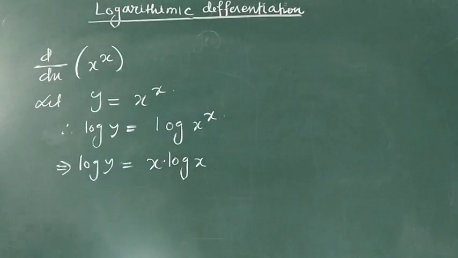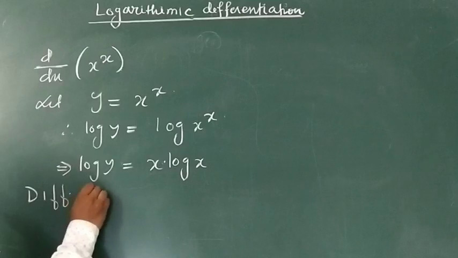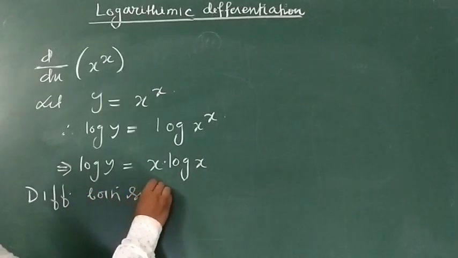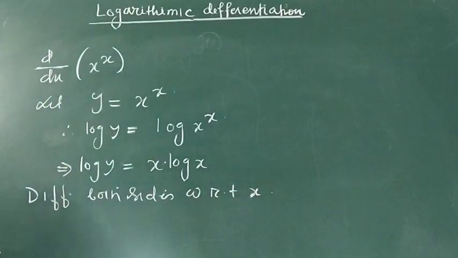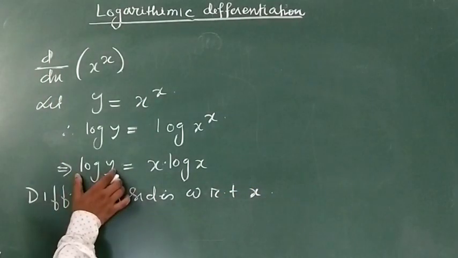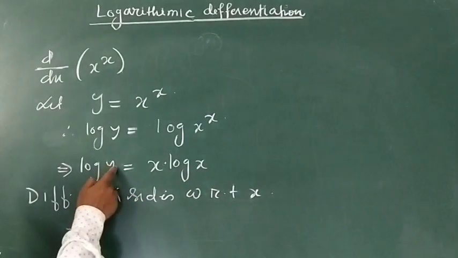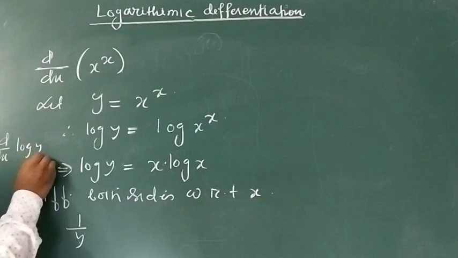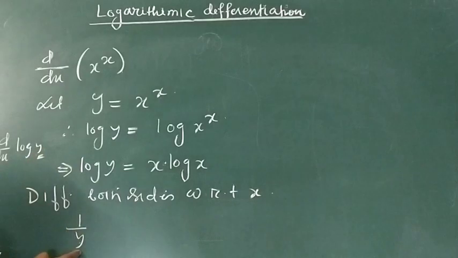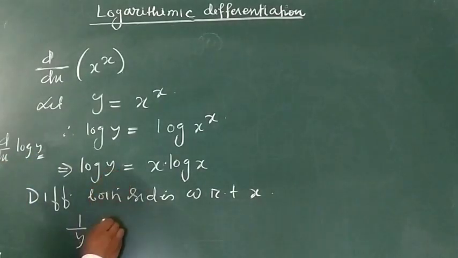After taking log, what is the second step? Differentiating both sides with respect to x. d/dx of log y means first 1 by y, but y is other than x, so we again take the derivative of y with respect to x, this is called dy by dx.